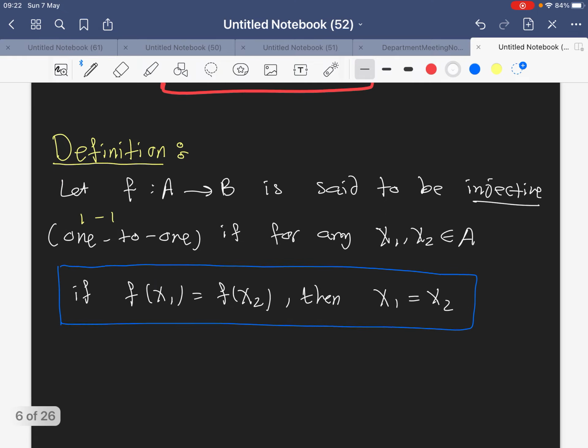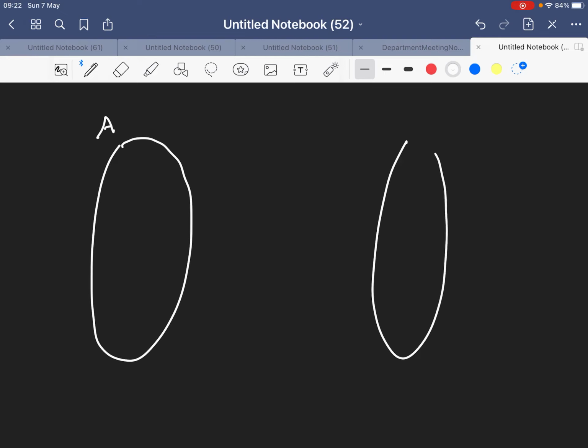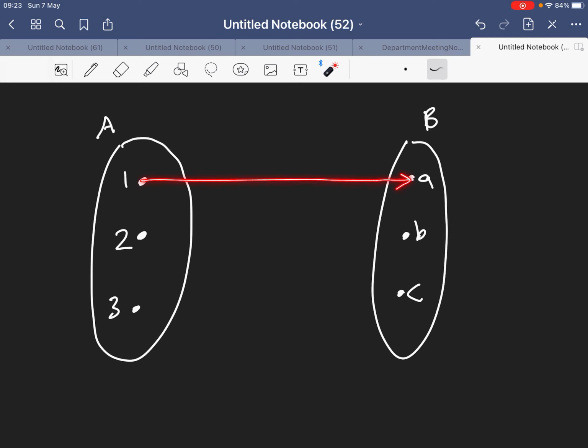Now if we look at an arrow diagram, let me just zoom in here. In the arrow diagram, if this is A and this is B, for example, if this is 1, 2, and 3, and here A, B, and C, this means each one must correspond to only one element, something like this.